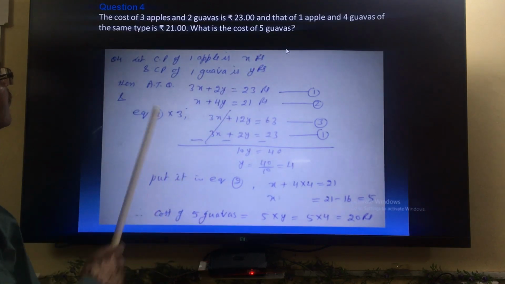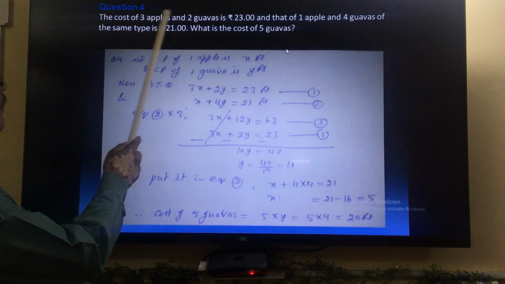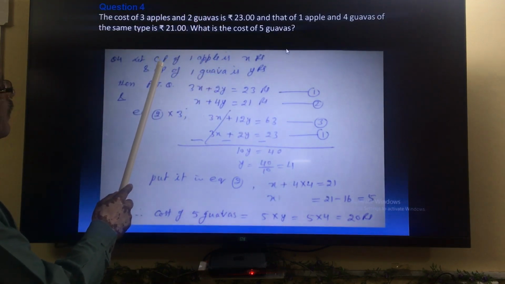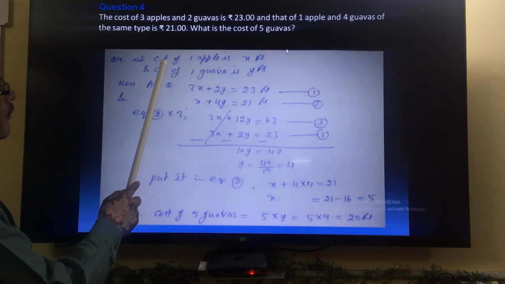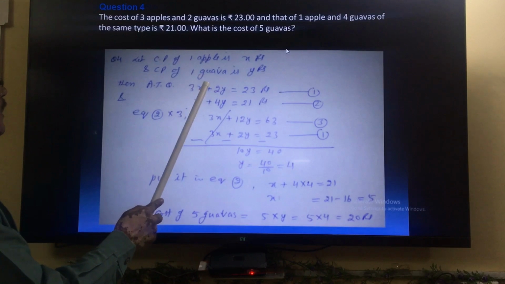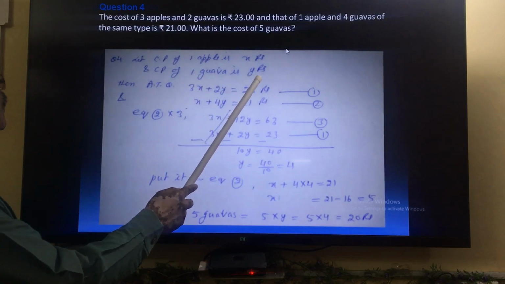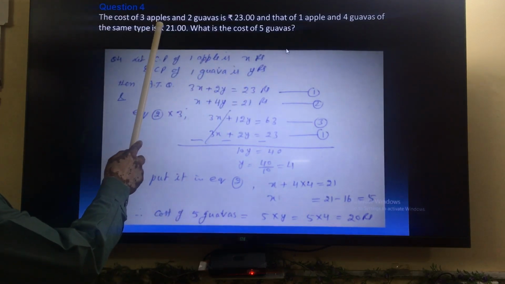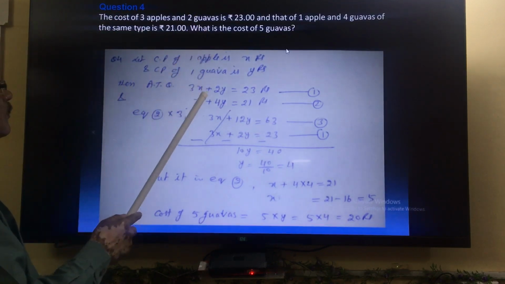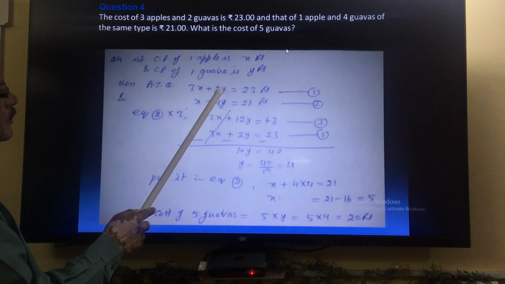To find this, we will suppose the cost price of an apple and the cost price of a guava. So let CP, cost price, of 1 apple be x rupees, and the cost price of 1 guava be y rupees. Now according to the question, because 3 apples, the cost of 3 apples will be 3x, and 2 guavas, so the cost of 2 guavas will be 2y.